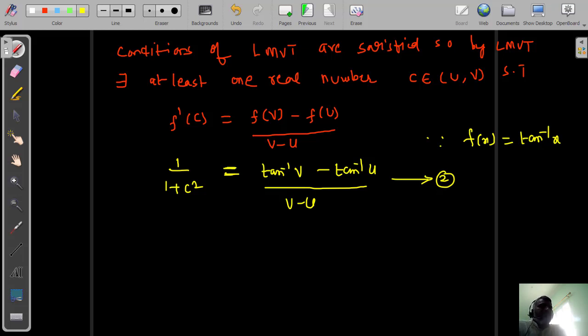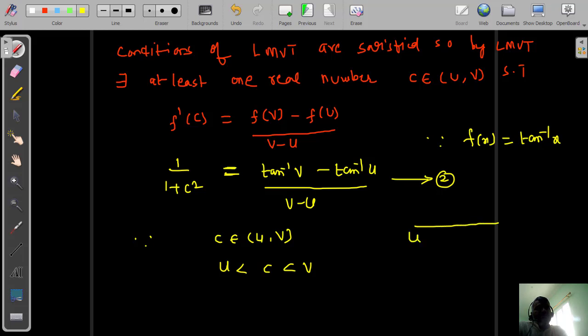So what we do here: tan inverse v minus tan inverse u divided by v minus u. To prove this result, since c belongs to the open interval (u, v), which means u is less than c less than v, there is a real number c in between.